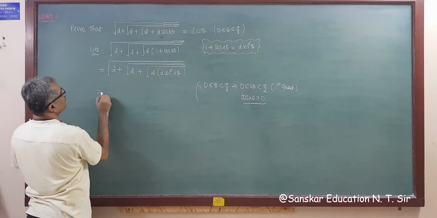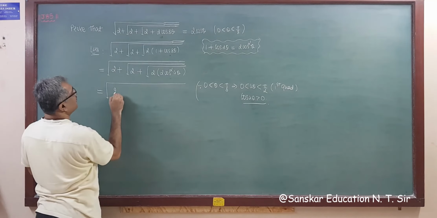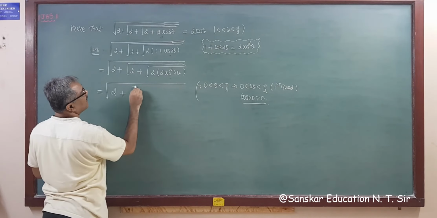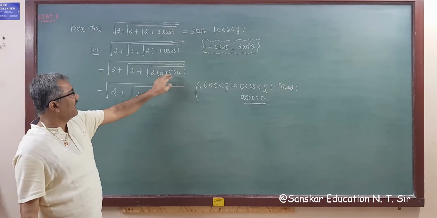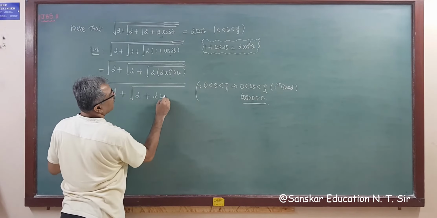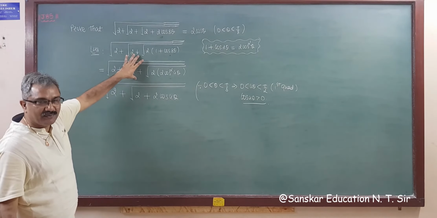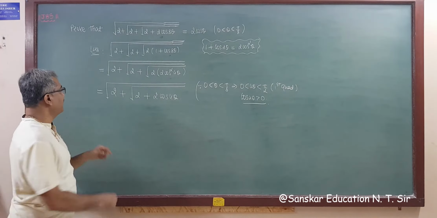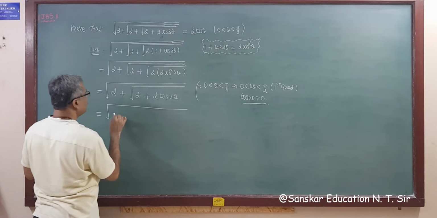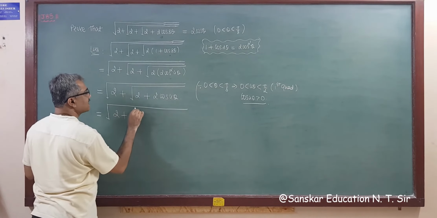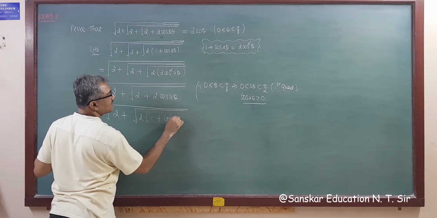So this is equal to square root of 2 as it is, plus root 2 as it is, plus square root of 4 is 2, and this is cos 4 theta. So once again repeating these 2 steps, right? Taking 2 common, square root of 2 plus square root of 2 common 1 plus cos 4 theta.